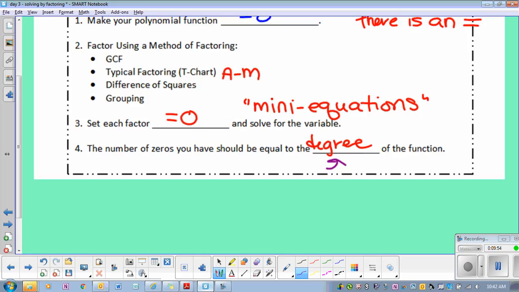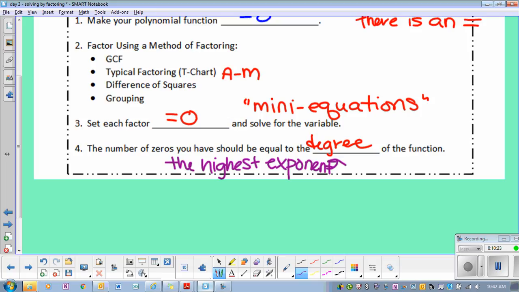Degree is the highest exponent number that you have, okay? So the number of solutions that you have should be equal to the biggest exponent number that you have. Okay.